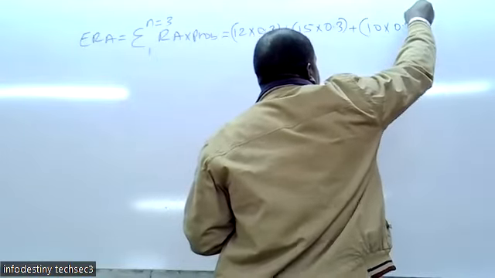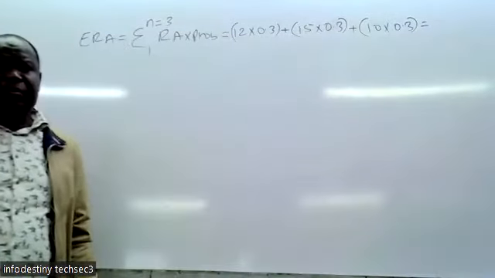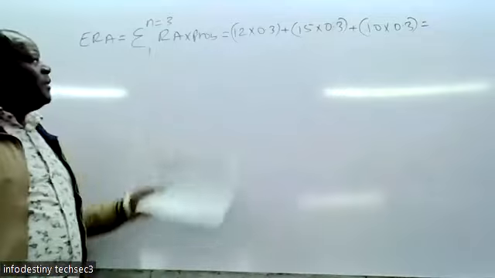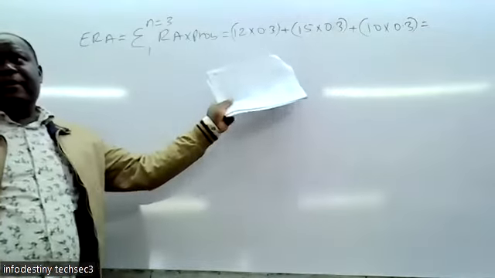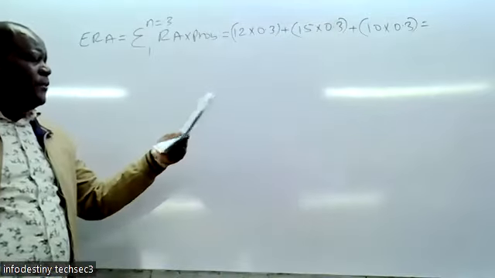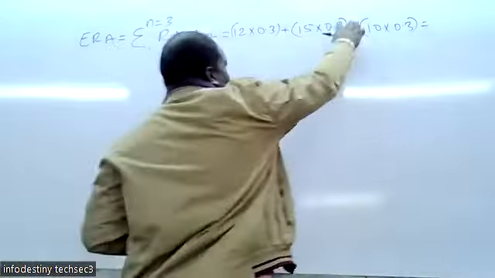Probability of it occurring is 0.3. So that now should be able to give you the expected return for A. You take each return multiplied by the probability. The probabilities should add up to 1. So that now compute. It will be able to give us the expected return for A.